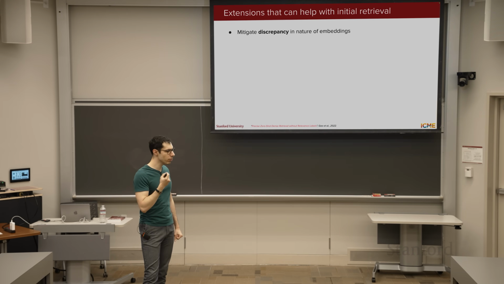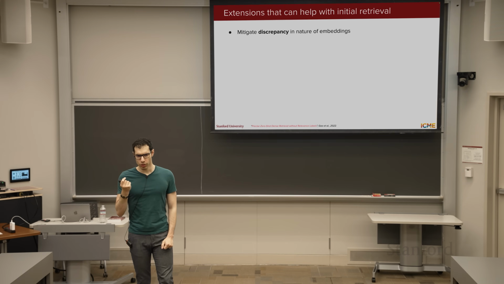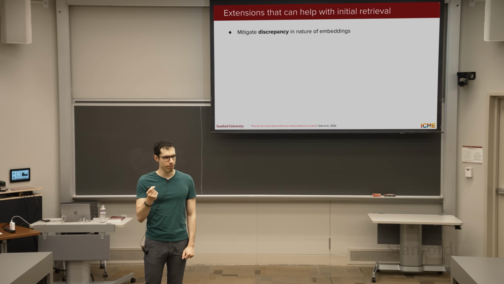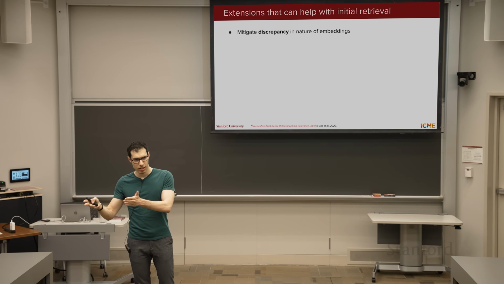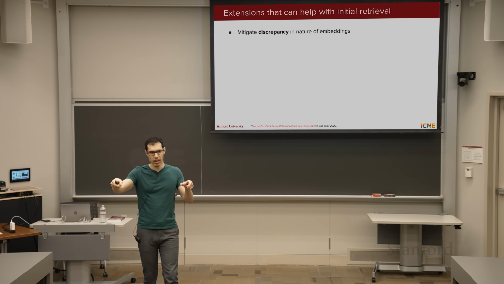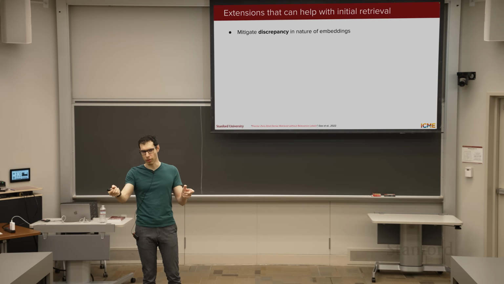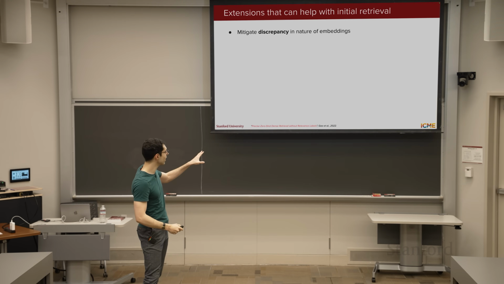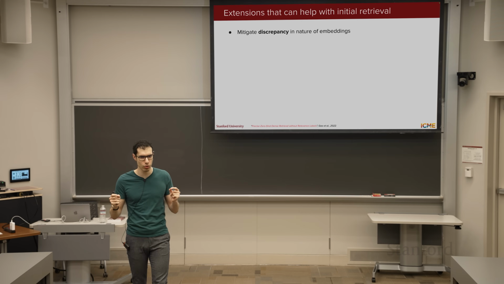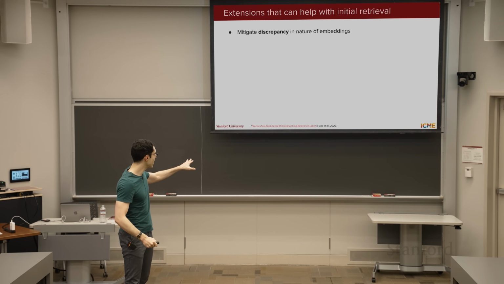If you really think about it, if you use the same encoder to embed your query and to embed your documents, these two embeddings are not super comparable, because one is for a question and the other one is for a document. There's one extension that tries to mitigate that issue, and I linked the paper down there.